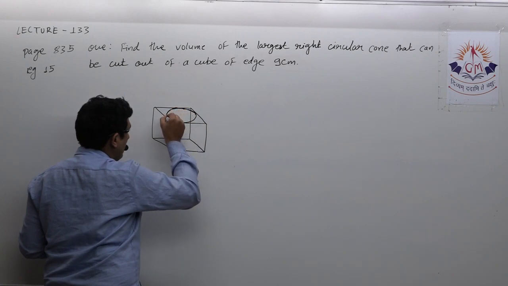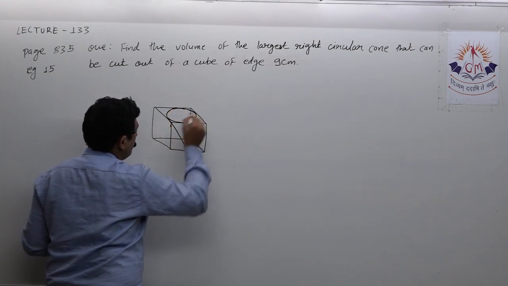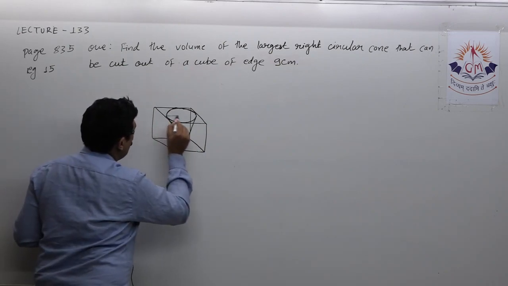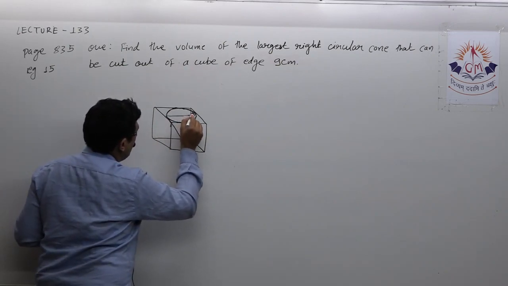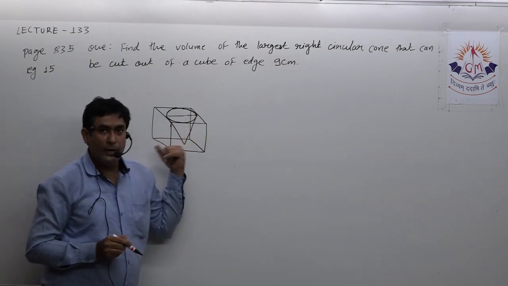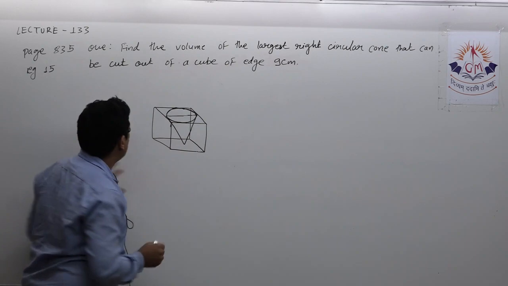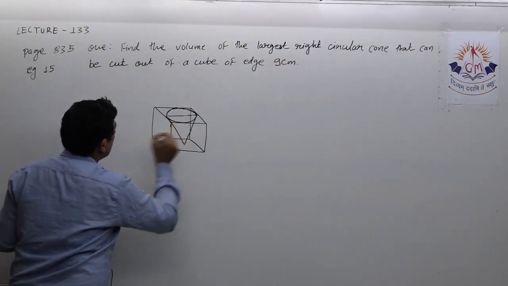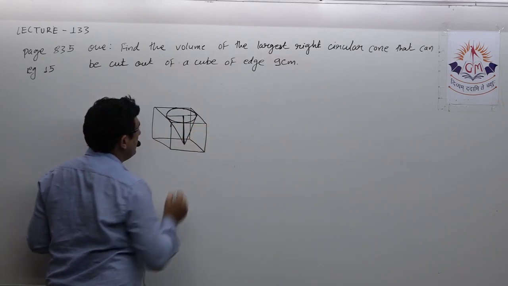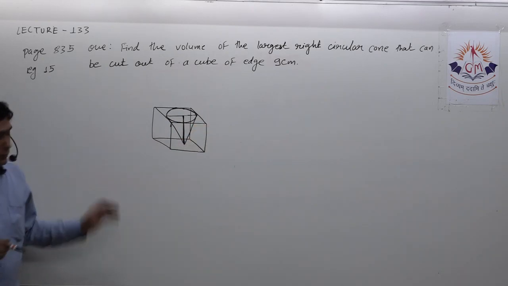That means the diameter of the cone must be equal to the edge of the cube, as well as the height of the cone must be equal to the edge of the cube.